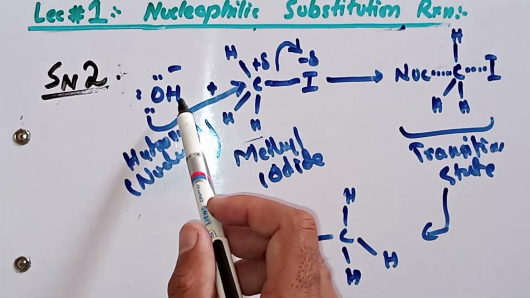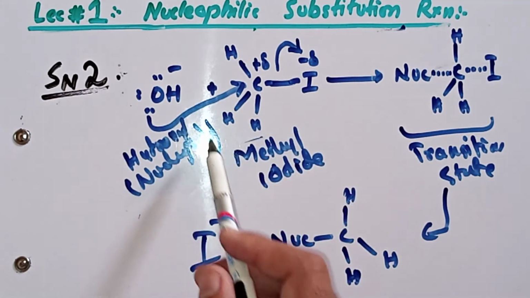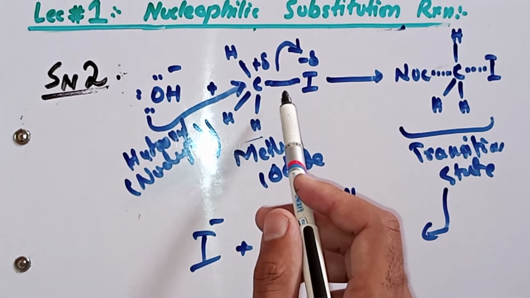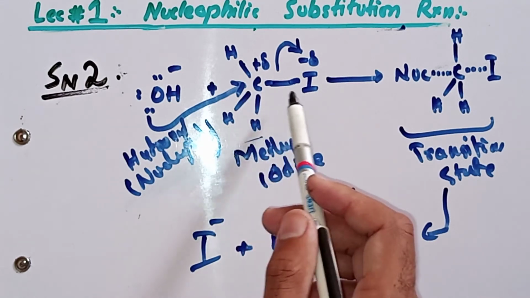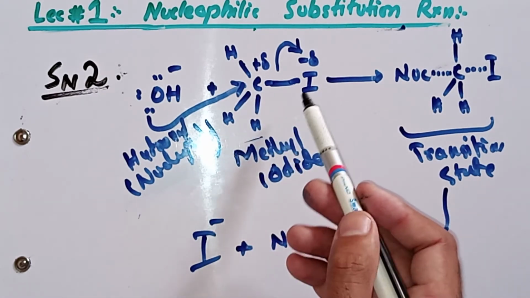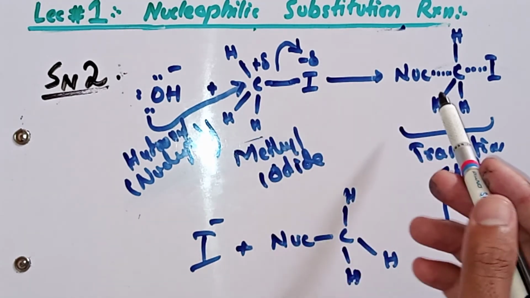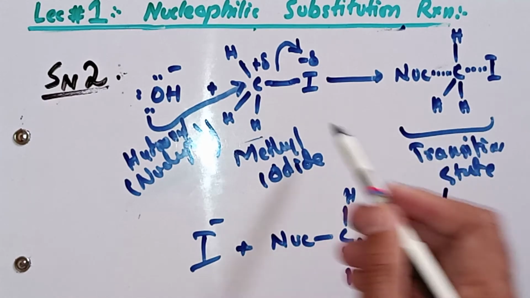First of all, the hydroxyl ion or nucleophile attacks this group, and the bond between carbon and iodine, or the bond between carbon and the leaving group, becomes polarized and broken. The transition state will be obtained.